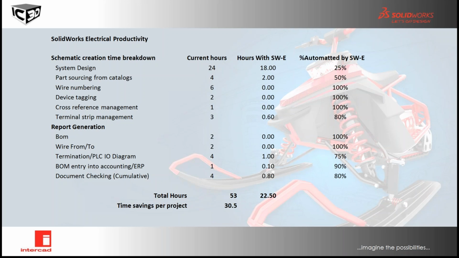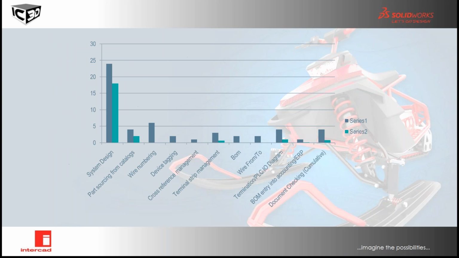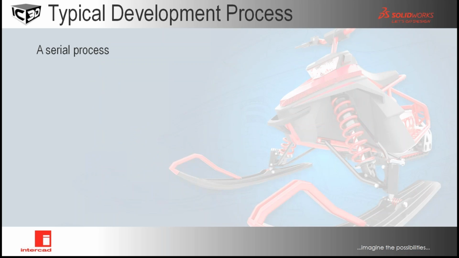There are a lot of other tasks that can be automated that we haven't even looked at yet. And just a graph showing, obviously, the light blue one, the sea green color, is SOLIDWORKS Electrical, and the dark blue one, the navy blue, is SOLIDWORKS, the basic CAD package that you could be using.